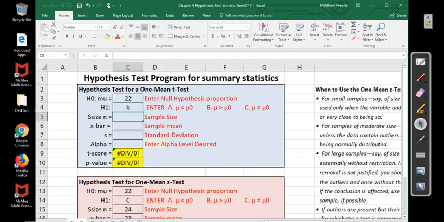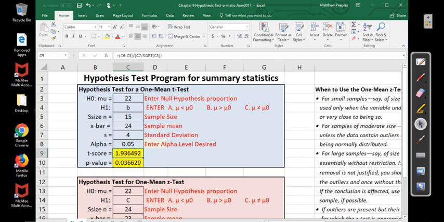Right? And our sample size, we said, was 15. We found a sample mean of 24, and a sample standard deviation of 4. Right? And we're setting our alpha level, because it's a one-tailed test, at 0.05.